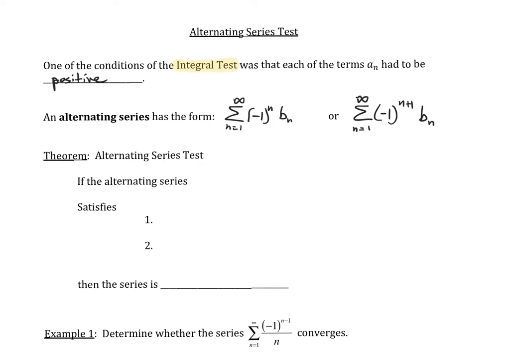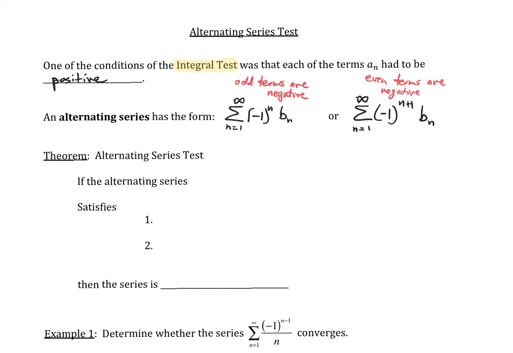The first series on the left has that the odd terms are negative, while the second series on the right has that the even terms are negative.